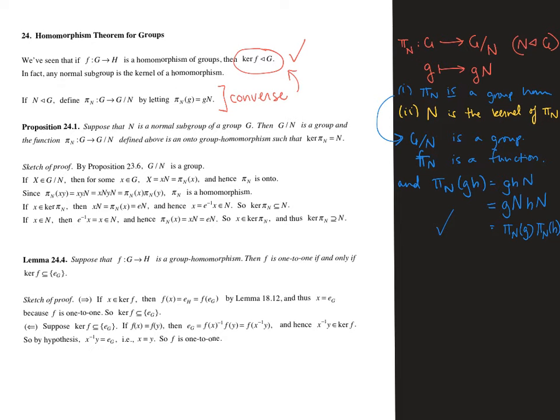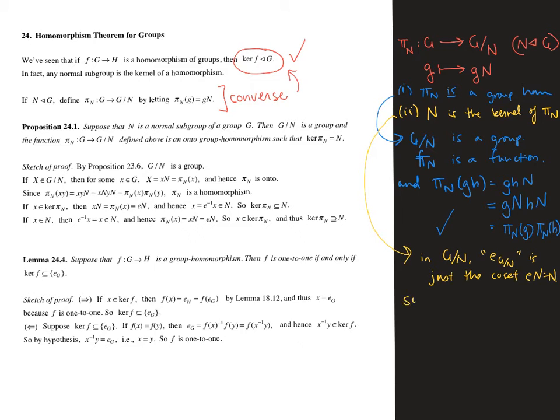Now, I want to think about which elements go to the identity of G mod N for part 2. So in G mod N, the element e sub G mod N is just the coset eN, or N. And I want to think about which elements get sent to the identity coset.